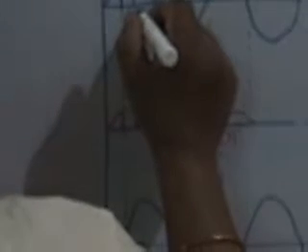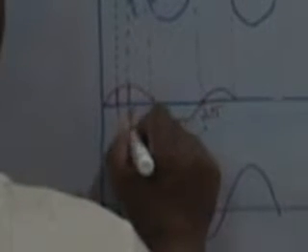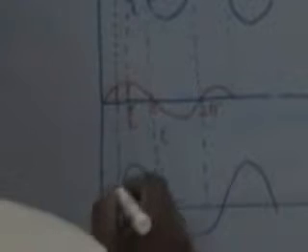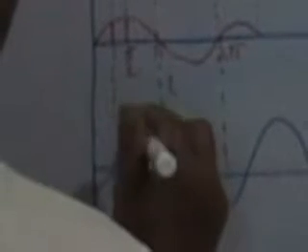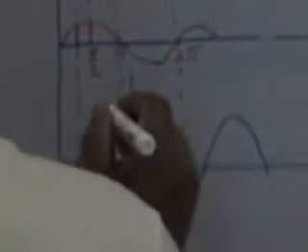This has reached the maximum height here. It is pi by 2. And here also it is pi by 2. And for this to be at the maximum, it is taking a different time.